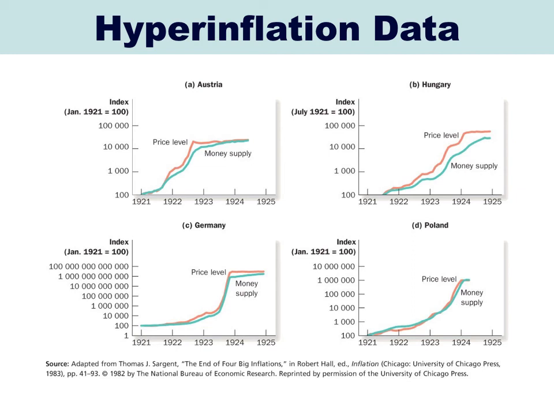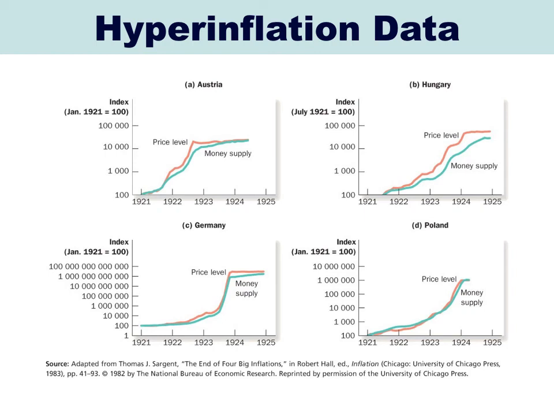We can see the first graph with Austria. We can see that Austria started off at a price level of 100. And we see that between 1921 and 1923, so just in 2 years, the price level increased to 10,000.